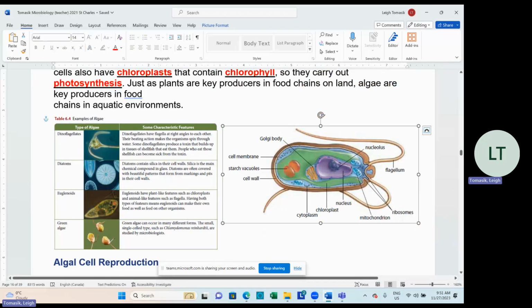There is also a cell wall, like a plant. There are some starch vacuoles where the algae stores the food it makes in photosynthesis. There's a cell membrane, like all cells. You can see a mitochondria, right? So, like plants, algae also have mitochondria.